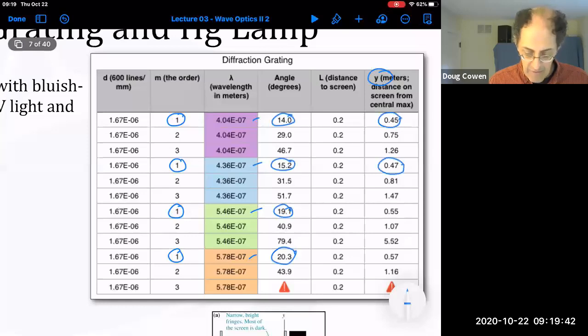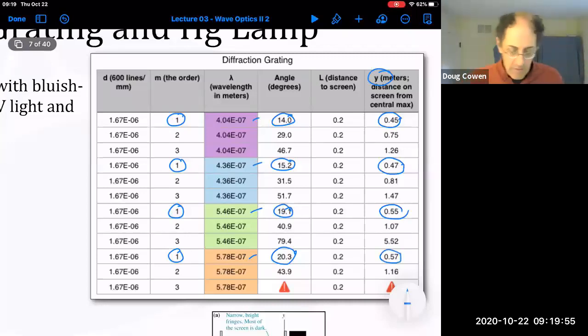In this case, the change in wavelength is large, so we get 8 centimeters difference, and then another 2 centimeters of difference here. So you see that what this diffraction grating does is it takes these individual wavelengths and spreads them out and places them in different locations as different fringes on the screen that's far away.